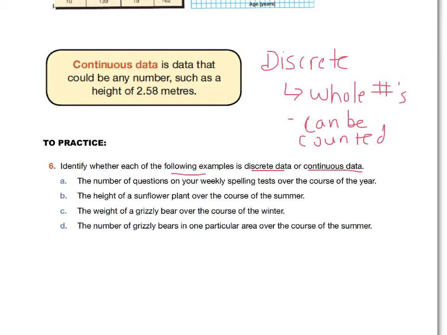Well, no, you only have one every single week, and that isn't growing or decreasing between the weeks. It's week 1, you have 12 out of 15, for example. It's not growing over week 2. Week 2, you have an actual amount of, say, 15 out of 15. But that can't change. So this would be considered discrete data.